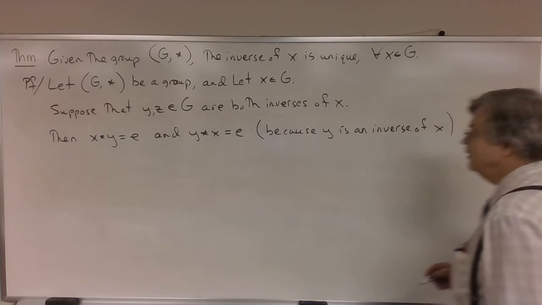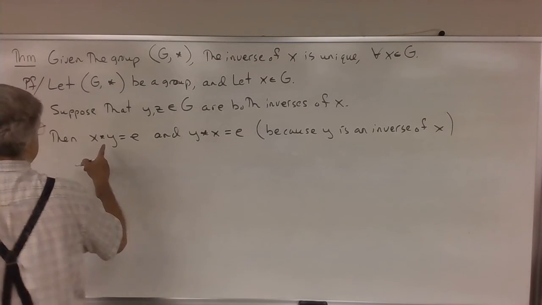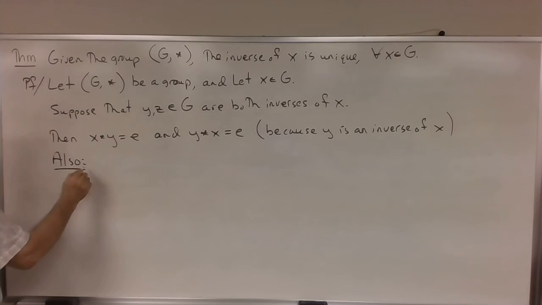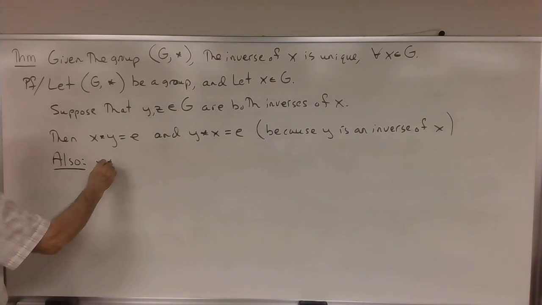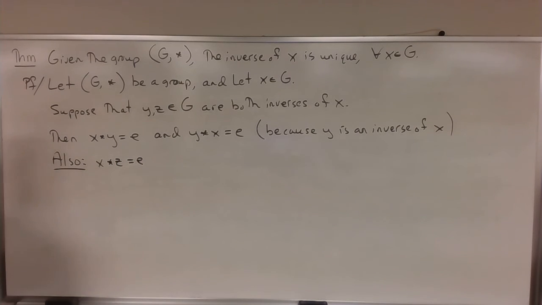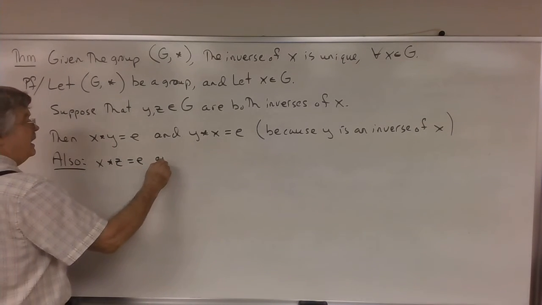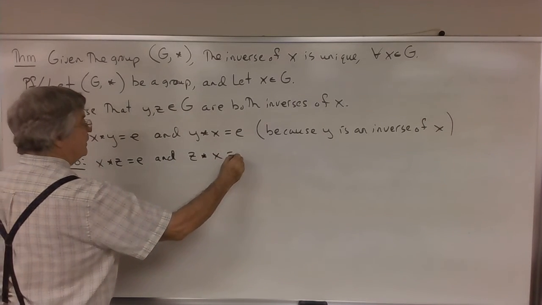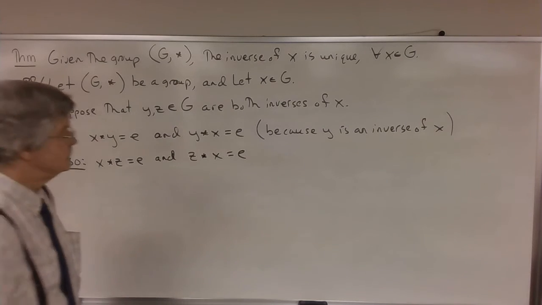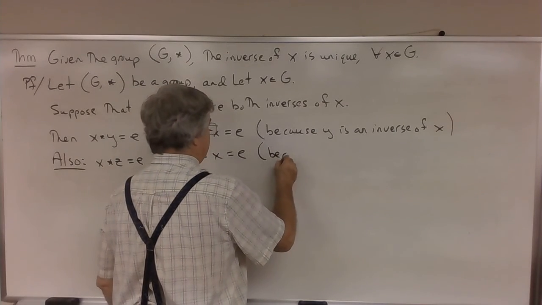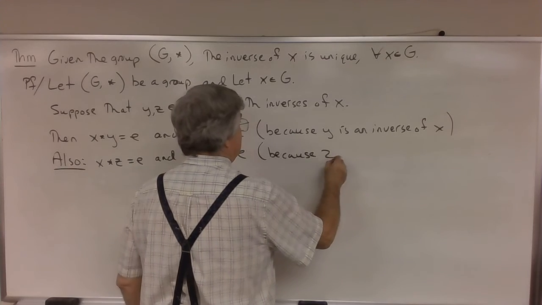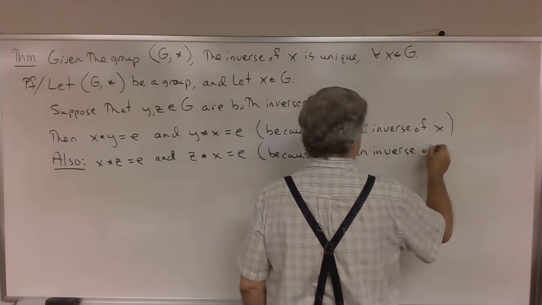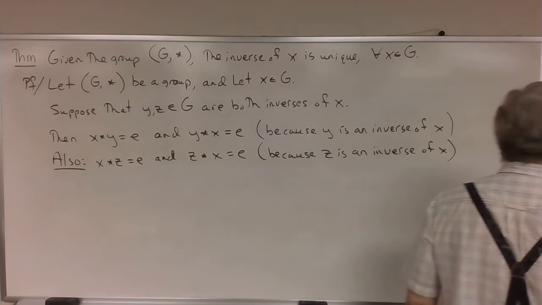Now, we're also going to make a similar statement about Z. X star Z is the identity, and Z star X is the identity, because Z is an inverse of X.